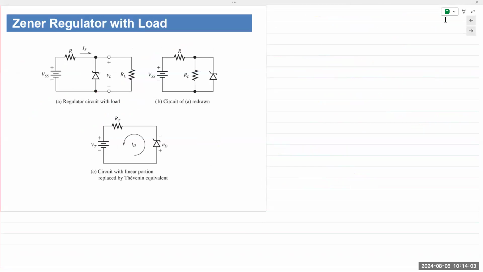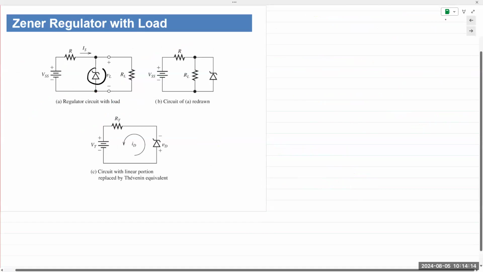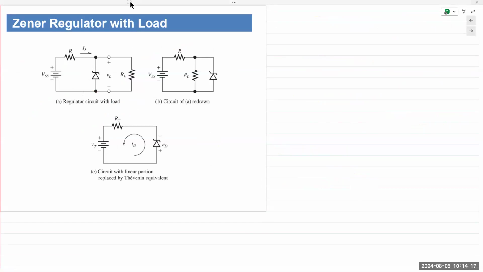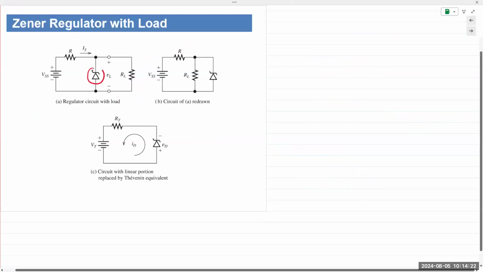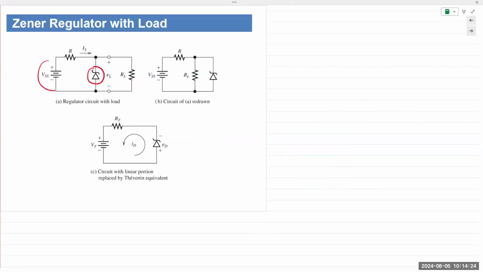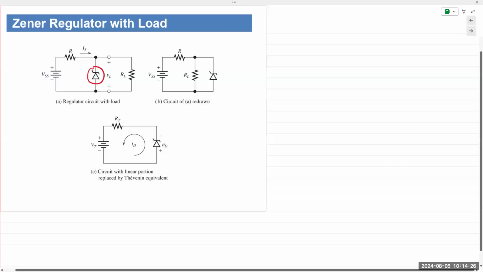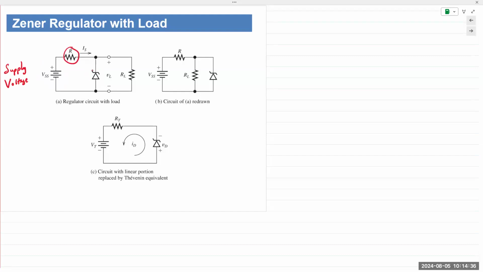For the Zener regulator with load, we have this example problem with one Zener diode, a supply voltage, and this is the series resistance.